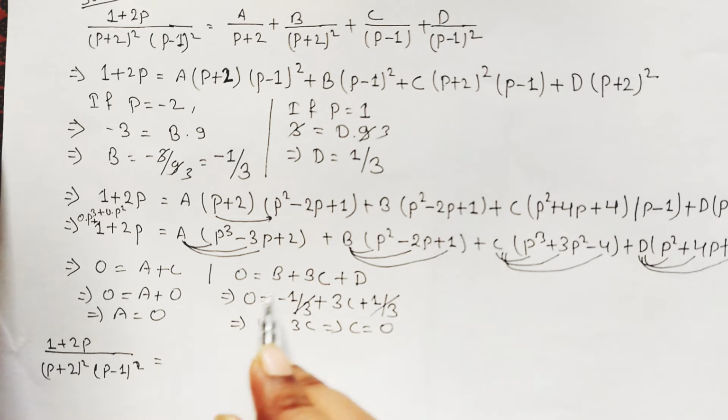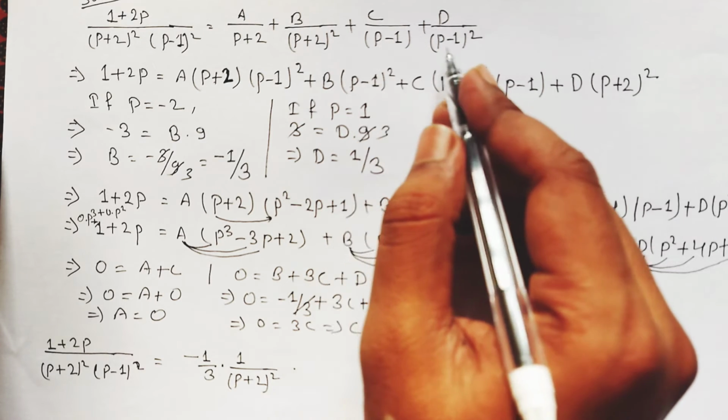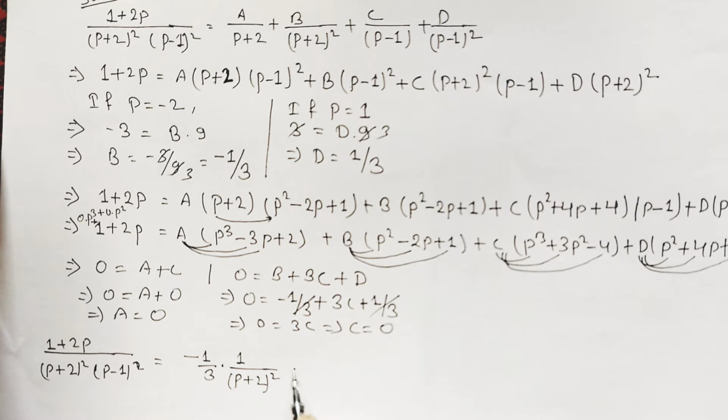We have the value of B as minus 1 by 3, so minus 1 by 3 times 1 upon (p plus 2) whole square. Again C is 0, so leave this, and we have the D value as 1 upon 3, so plus 1 upon 3 times 1 upon (p minus 1) whole square.